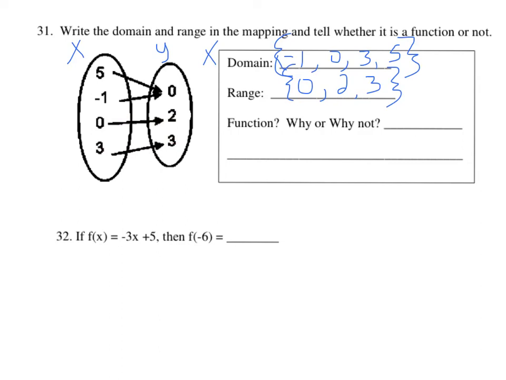So this would be a function because each of the inputs have only 1 output coming out of it. So we look at the x values, and if it only has 1 output, then we say that it is a function. If there were 2 arrows coming out of this, then we would say it is not a function.